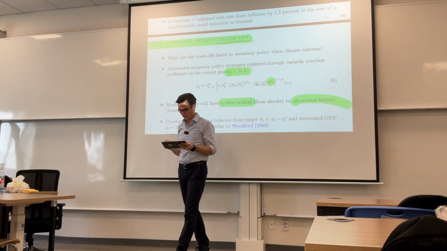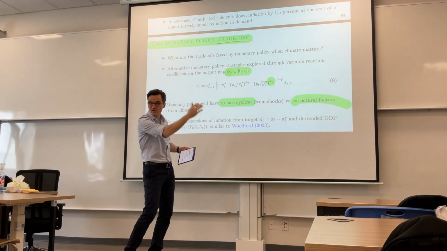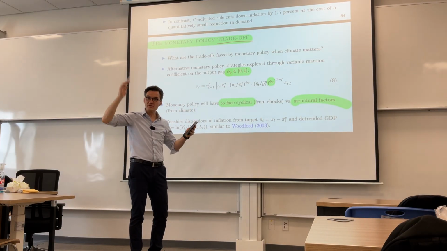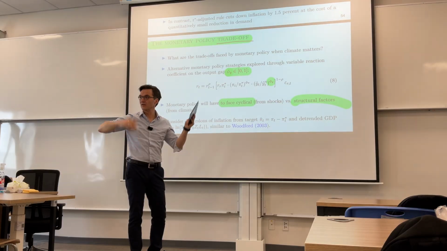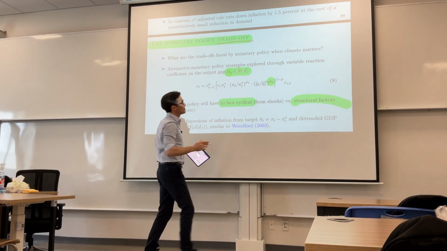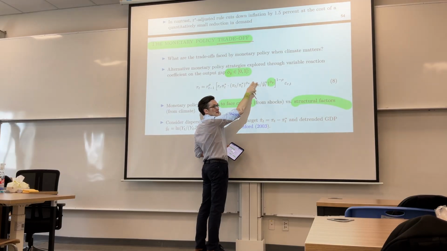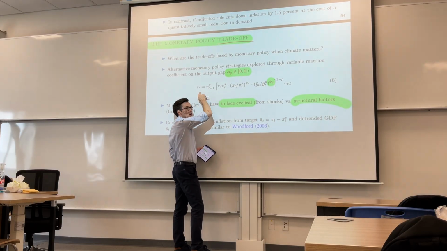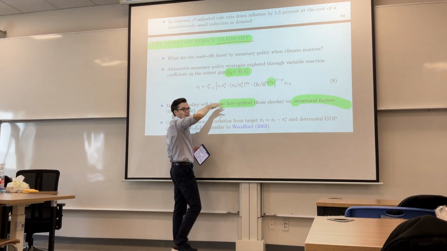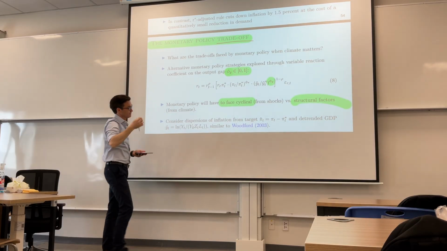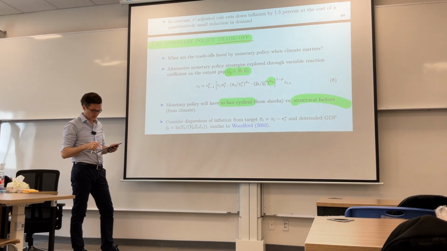These are more structural factors, right? So these are the trends. And the central bank needs to somehow take both of them into account in this analysis. If it is overly hawkish, yeah, it will stabilize the business cycle, but it will have lots of volatility in R, which is going to feed back to inflation and others. All right, so that's what they also looked at.